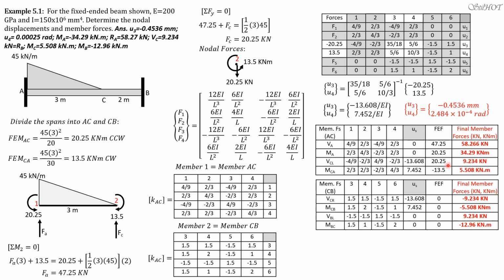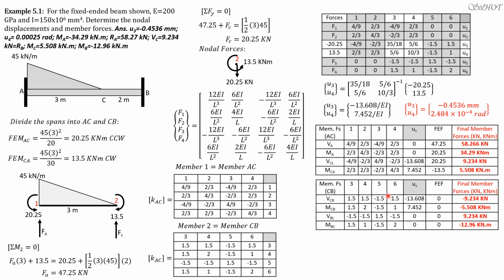For row 3, 4/9 times negative 13.608 plus quantity negative 2/3 times 7.452 plus 20.25 fixed end force equals 9.234 kilonewtons. Then finally, negative 2/3 times negative 13.608 plus 4/3 times 7.452 plus negative 13.5, you will get 5.508 kilonewton meters.